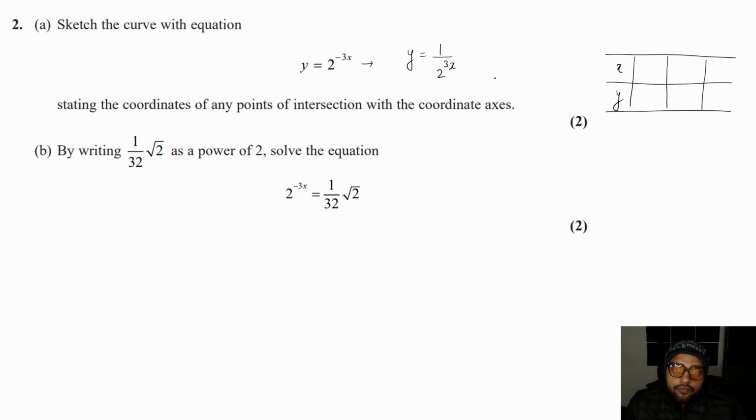So what we do, okay, the basic graph of this equation will be, those who don't know that, I have already solved this video. I've already taught this thing. So yeah, the basic graph of this function will pass through 0 comma 1.